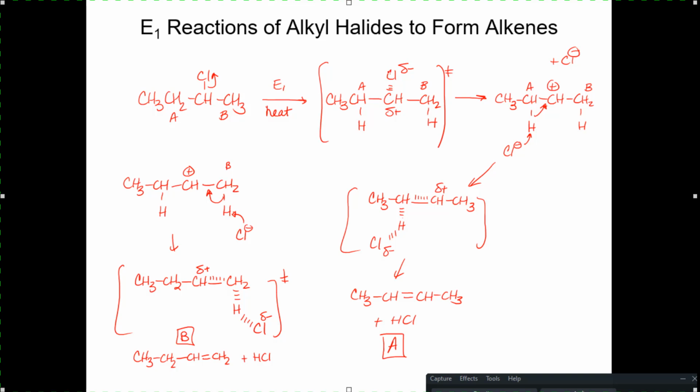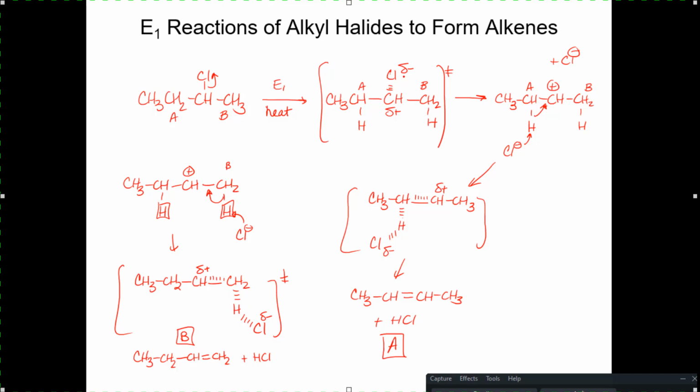And so you have to identify those two carbons and those two hydrogens to know what the two potential products of the reaction are. And I get tired of saying the hydrogen attached to the carbon attached to the carbon attached to the leaving group.